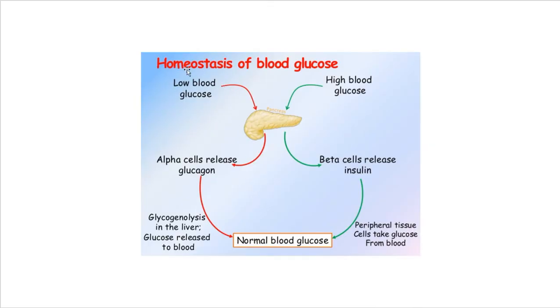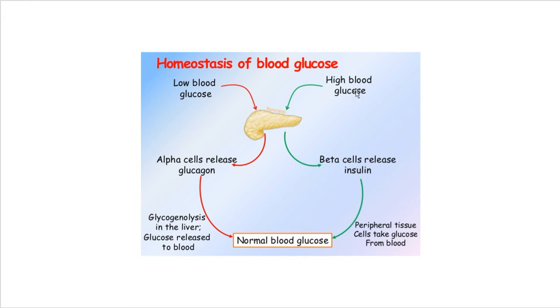That is because of homeostasis of blood sugar: when the level of blood glucose is low, the alpha cells release glucagon, and then through glycogenolysis in the liver, the sugar that is stored in the form of glycogen releases glucose to the blood, and you get the normal blood glucose.